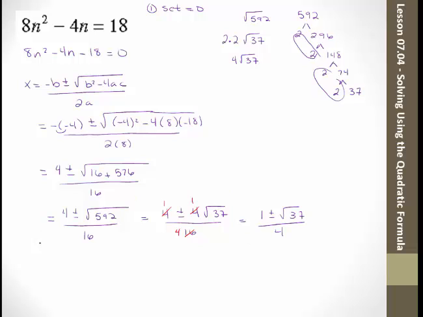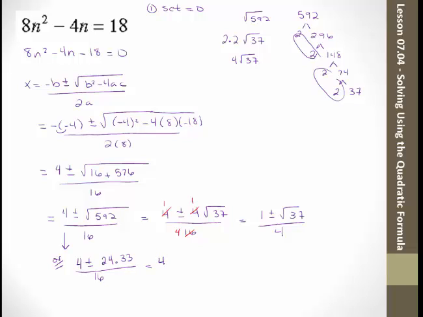Now, if you are asked to provide a decimal answer, we can take the fraction, or the decimal, plug 592 into the calculator, take the square root of it, and you get 4 plus or minus 24.33. Now it's not just 0.33, but I'm rounding, over 16.